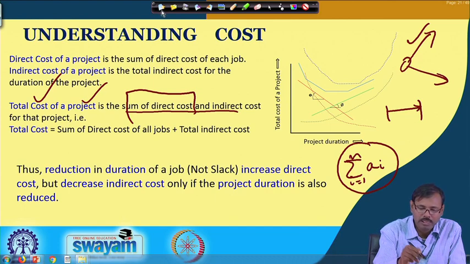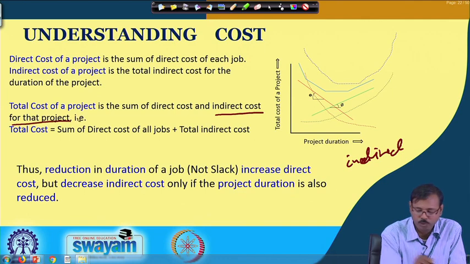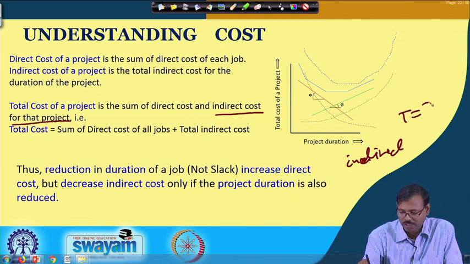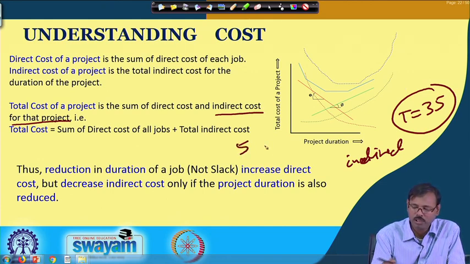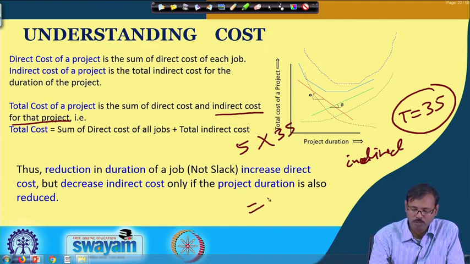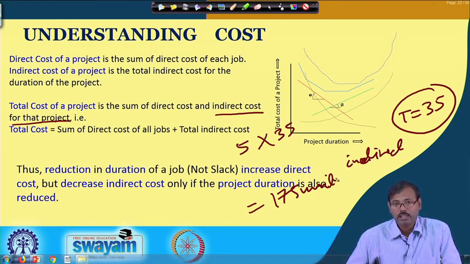Instead, you come up with the indirect cost for the complete project, that means in our earlier case T is equal to 35. So, if the per day indirect cost is 5 units, then for 35 days the total indirect cost will be 175 units.